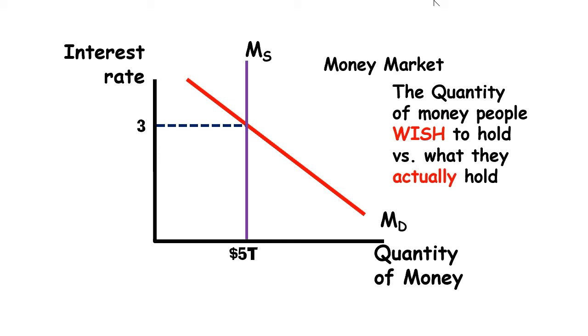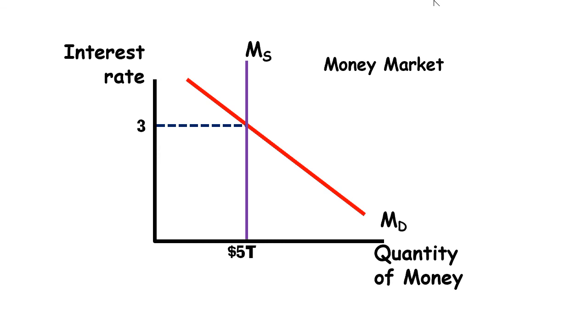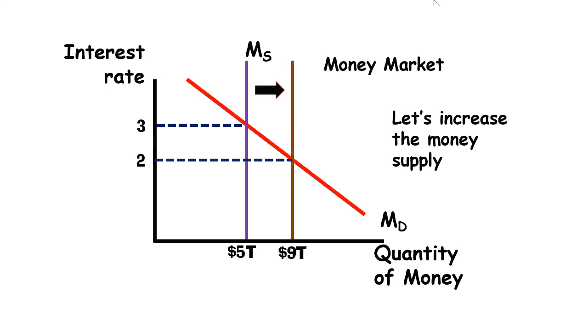Now, what would happen if the Fed were to increase the money supply? What would happen if the Fed was going to increase the money supply? Ooh. Equilibrium is going to change, right? If you increase supply, equilibrium changes.